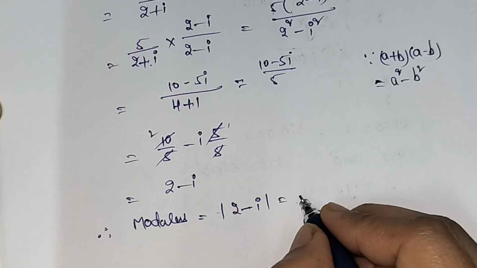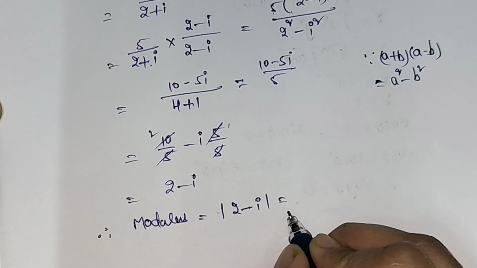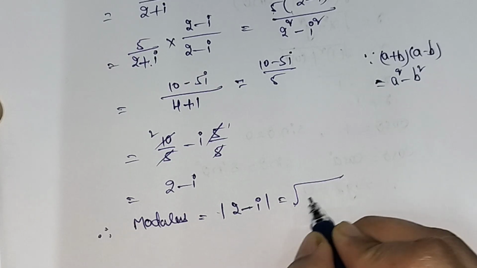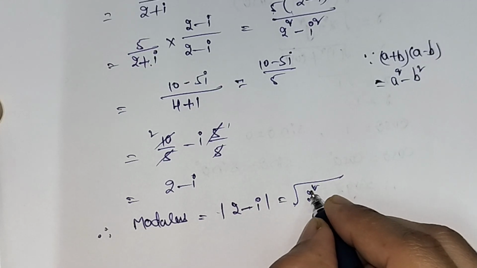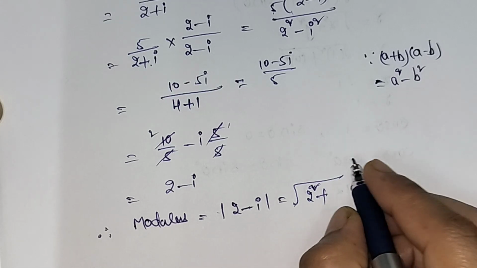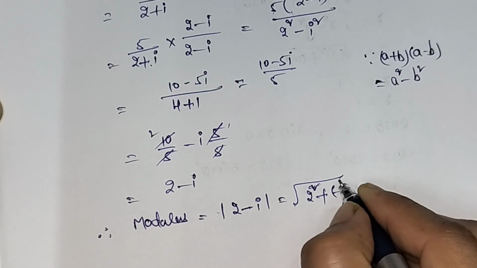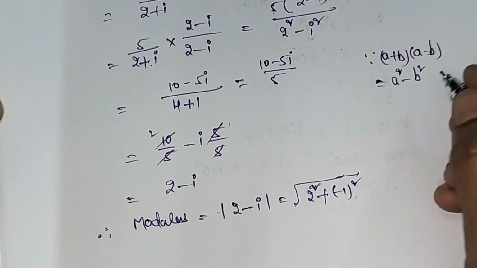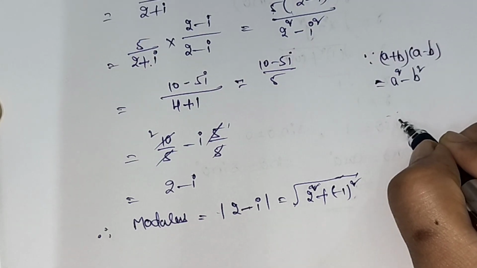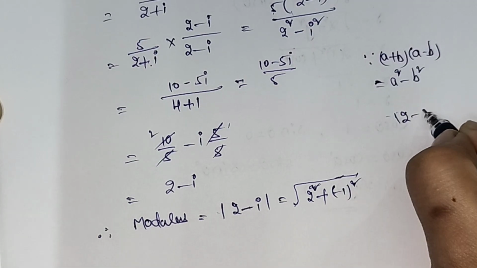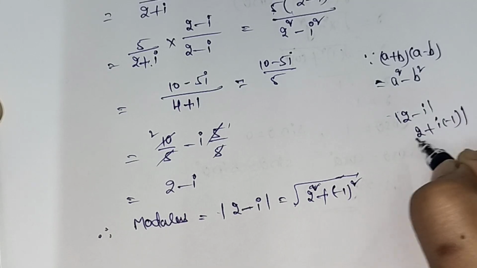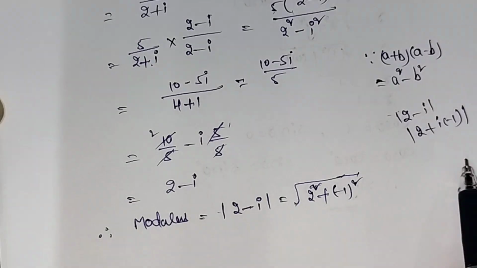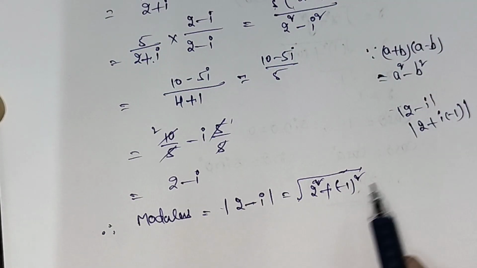The formula is the under root of x square plus y square. x square is 2 square, y square is minus 1 whole square. The modulus of 2 minus i, we write it as 2 plus i of minus 1.